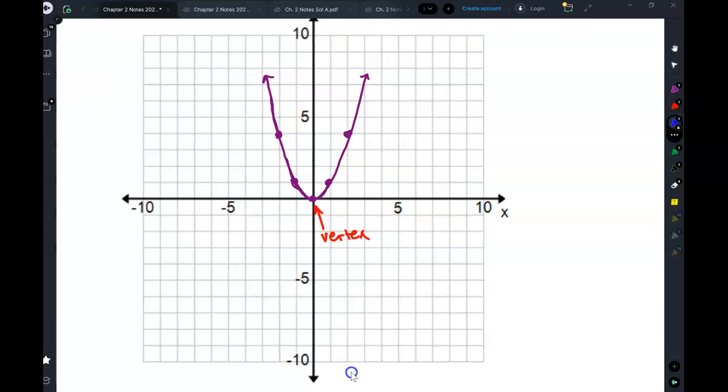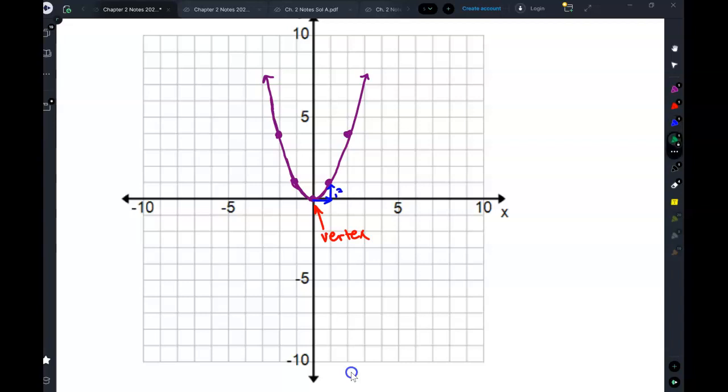The function f of x equals x squared, it's a squaring function, right? So from the vertex, if I go over 1 unit, I go up 1 squared, which is how much? 1.